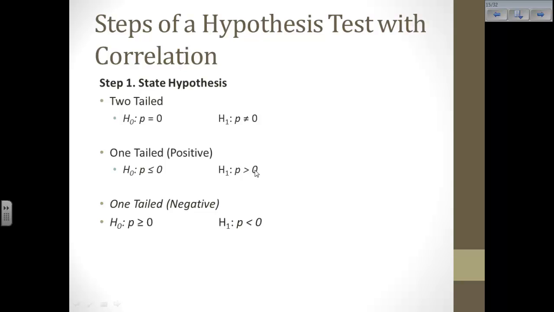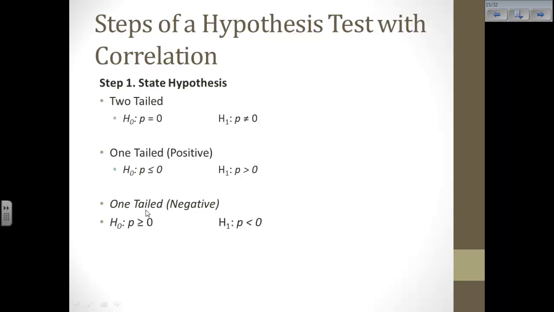Remember, positive value, greater than 0. If it's not greater than 0, then it's less than or equal to 0 under the null. So it's either a negative correlation, changing in opposite directions, or there really is no relationship at all, and the correlation is equal to 0.